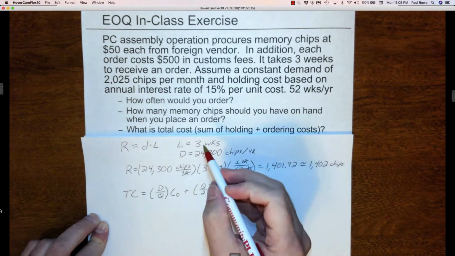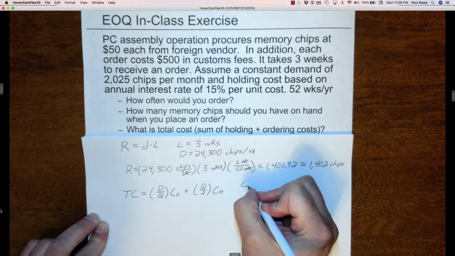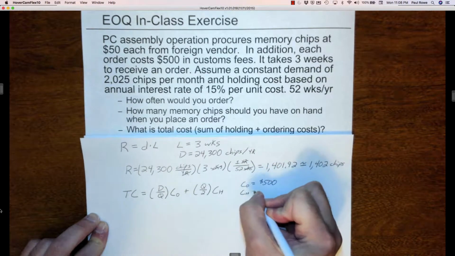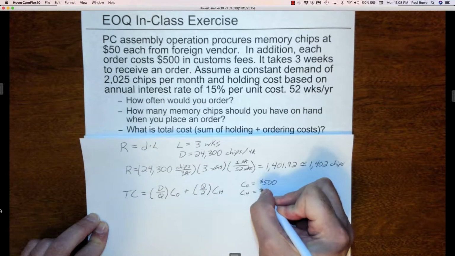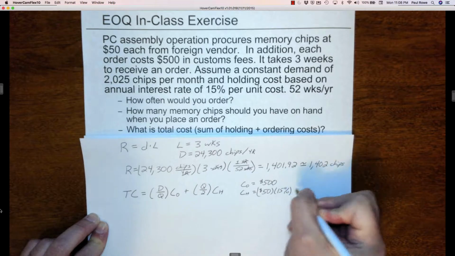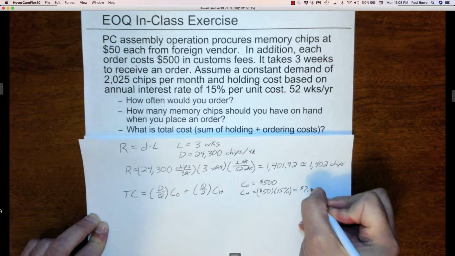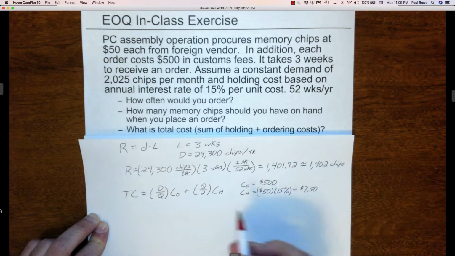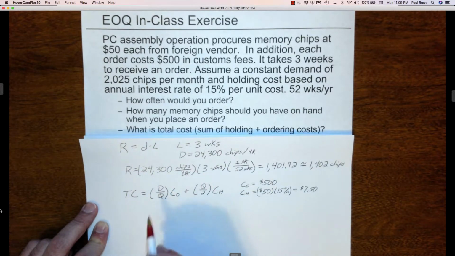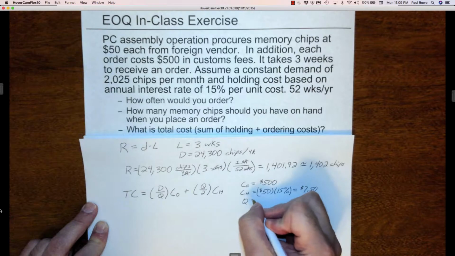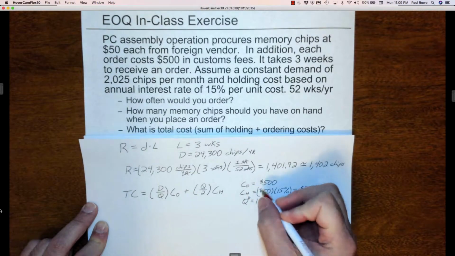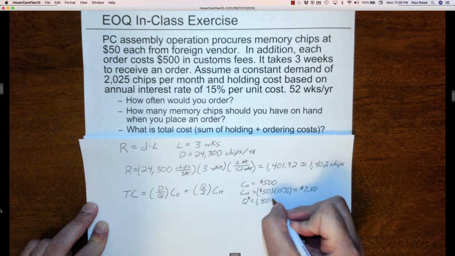And again, we already know our ordering cost is 500. We know that our holding cost is the $50 times the 15% annually, or $7.50. And we calculated D previously, and we calculated our Q previously. And if we recall, our Q was specifically our Q star, our EOQ was 1,800 chips.